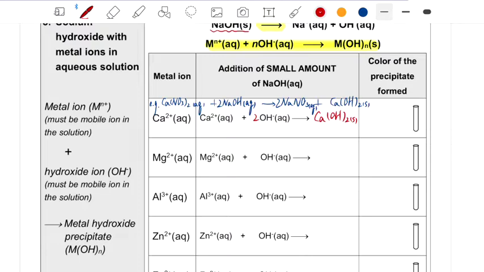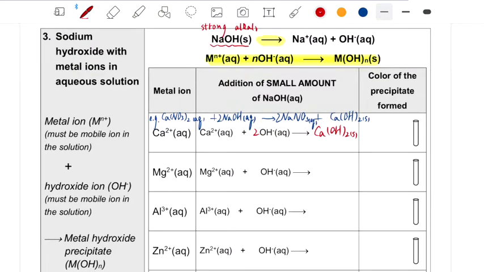I want you to write this down. Although calcium hydroxide is slightly soluble in water, if we have calcium hydroxide dissolving in water, we can write either solid or aqueous. Both can be correct. But in this case, remember, we have sodium hydroxide as a reactant, so the solution is not water anymore. It's not a pH 7 solution. The solution is alkaline.